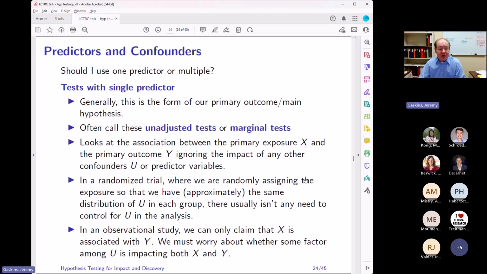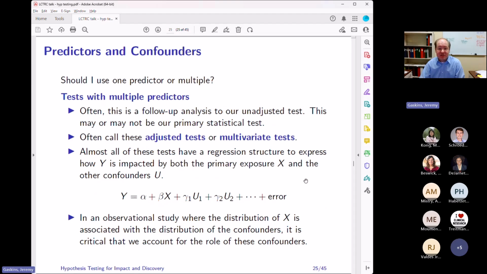But if I'm in an observational study where I can only really claim that X is associated with Y, there I'm really going to need to worry about whether there are some factors or other predictors within this set U that are going to impact both my exposure X and my outcome Y. And so, what are my tests with multiple predictors?